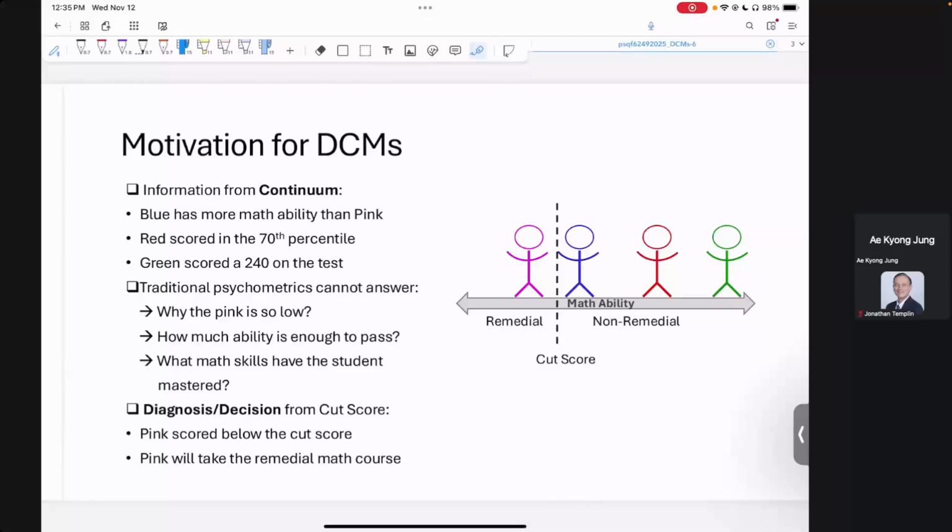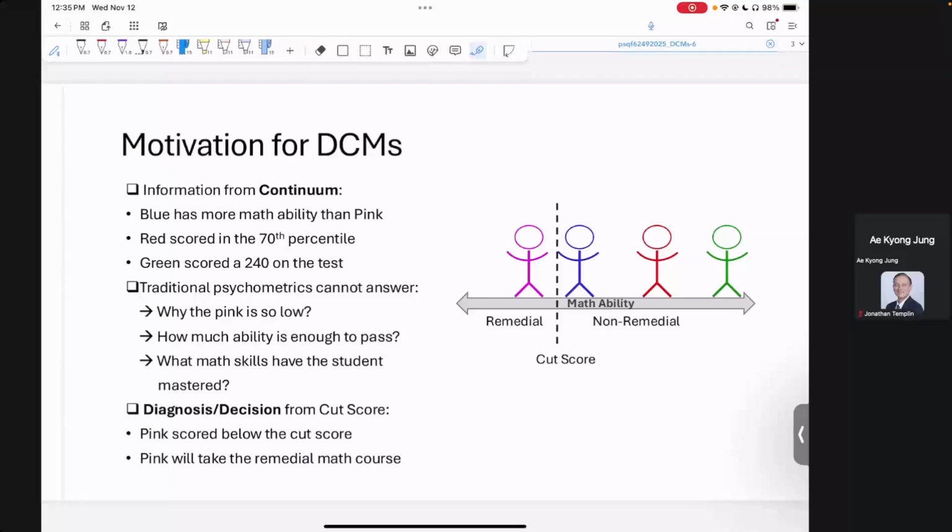To diagnose based on the cut score, we can give some kind of information like the pink score is below the cut score, so this pink person needs a remedial course for the math. We need that cut score to diagnose students into 2 different classes and to say, oh, they have mastered the math or not.